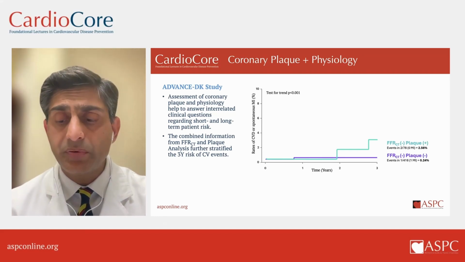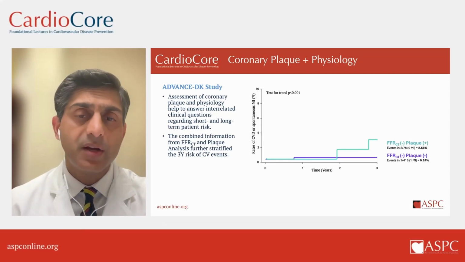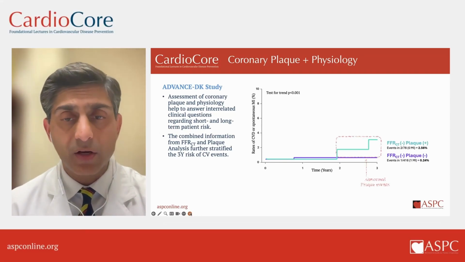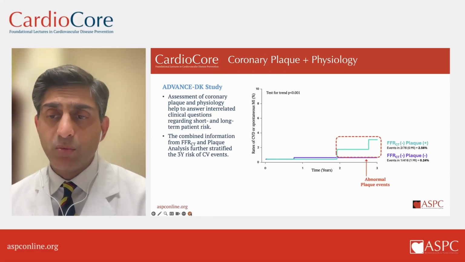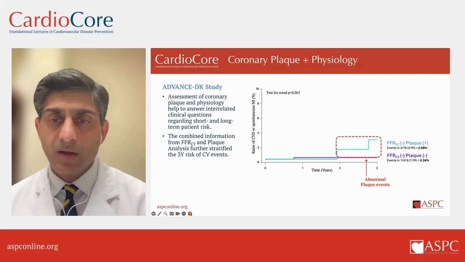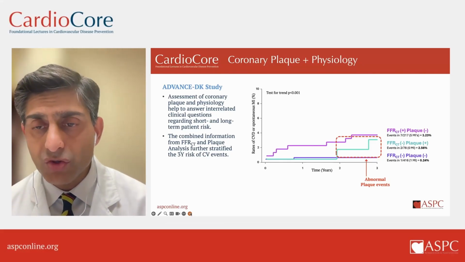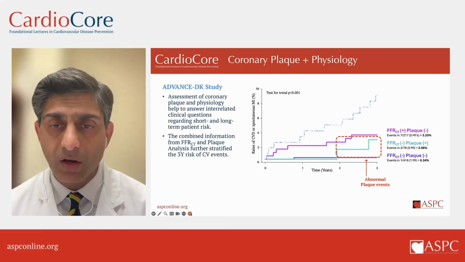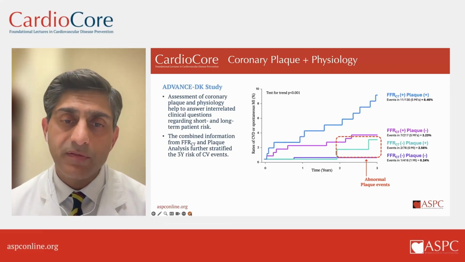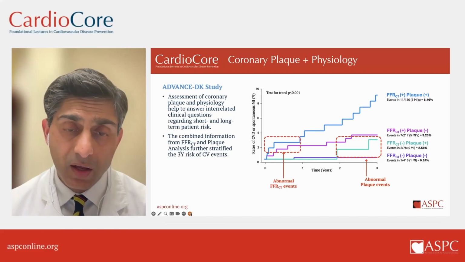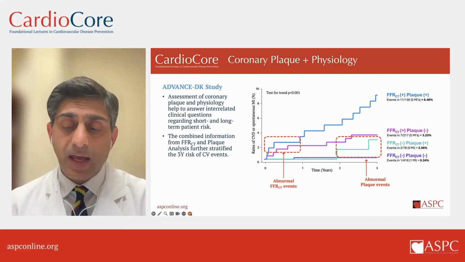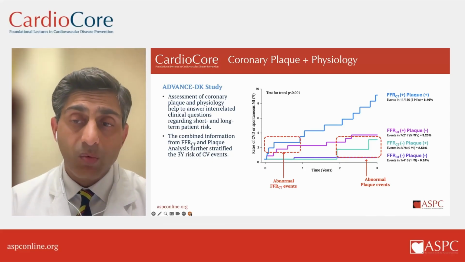What we can appreciate here is that when you look at the graphs, abnormal plaque events start occurring at year number 3 in patients who have high total plaque volume. But patients who have abnormal FFR seem to have events at year number 1.